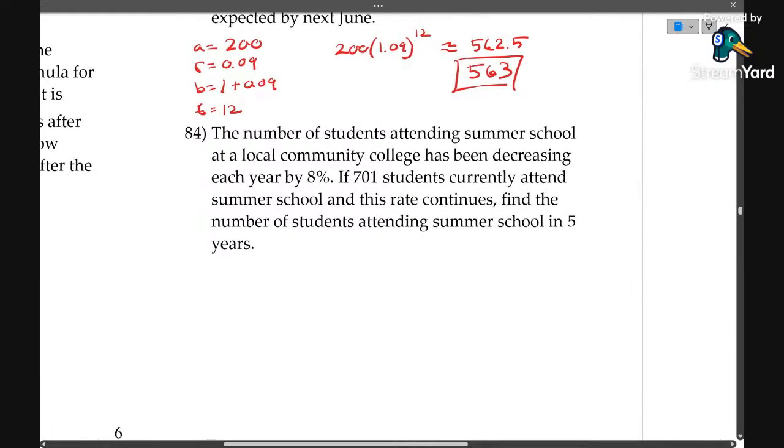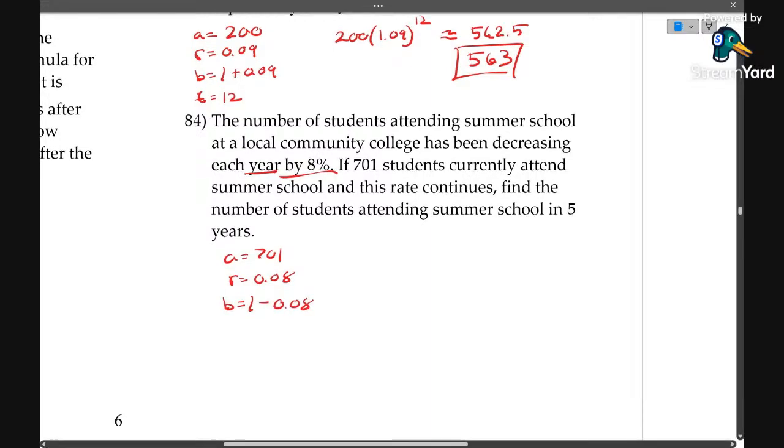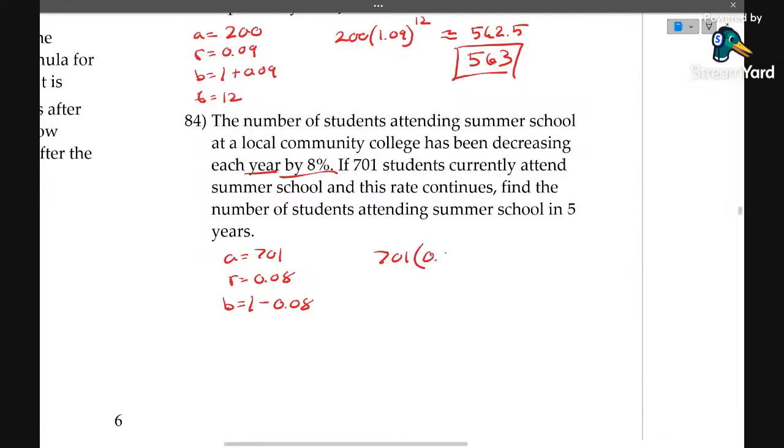The number of students attending summer school is decreasing by 8% each year. And so we have an initial value of 701. Our rate is 0.08. Since it's decreasing, our base is 1 minus 0.08. So we can take our initial amount of 701, multiply it by 0.92, and we want the number of students attending in 5 years.